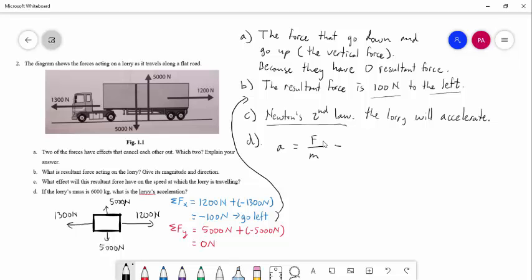So the force is 100 Newton per 6,000 kilogram. So the acceleration is 0.0167 meter per second squared. That's for the number 2.